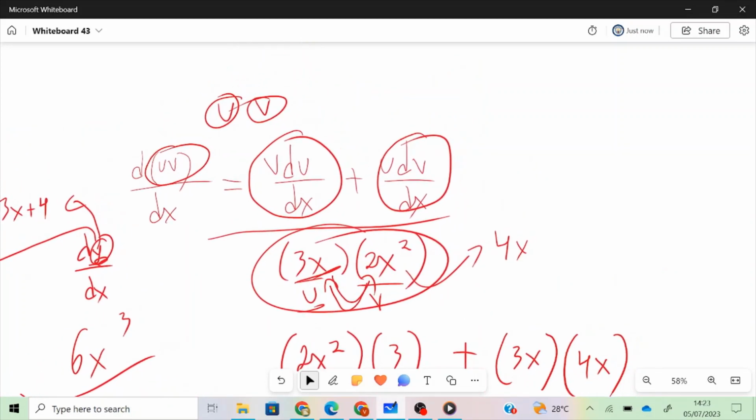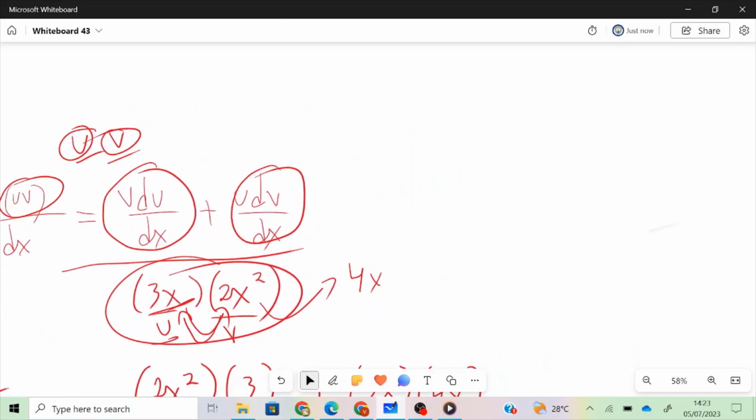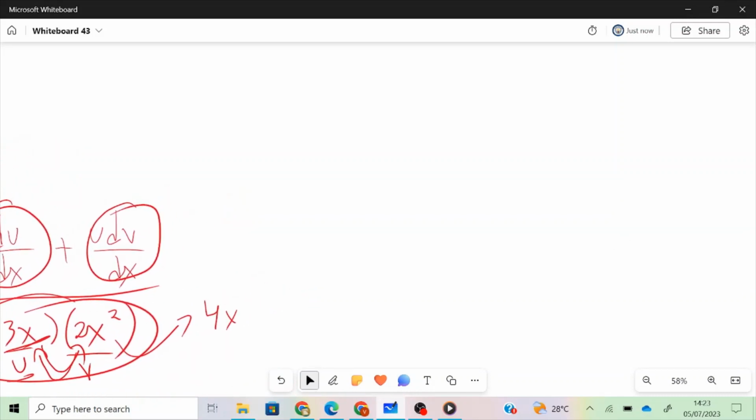Now this is for when you have two functions, function u and function v. What if you have three functions, or four, or five? The ground foundation is the same. For example, let's say I have three functions: function f, function g, and function h, all being multiplied by each other, and we want to find the derivative of fgh.